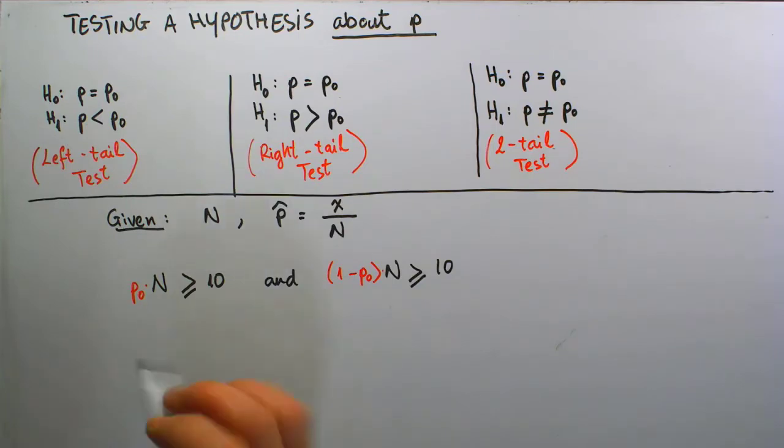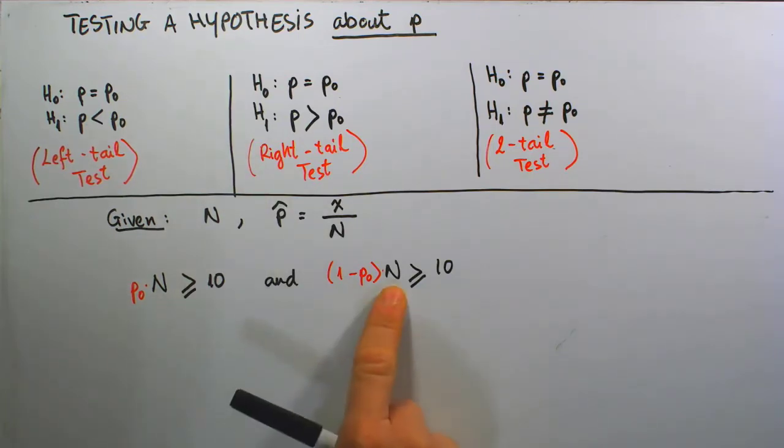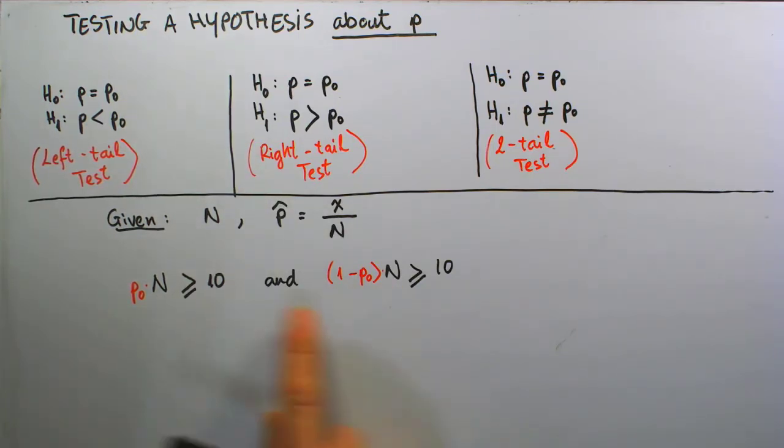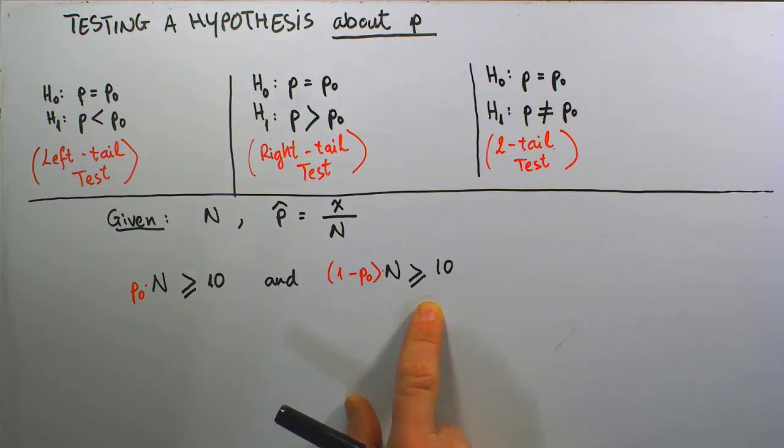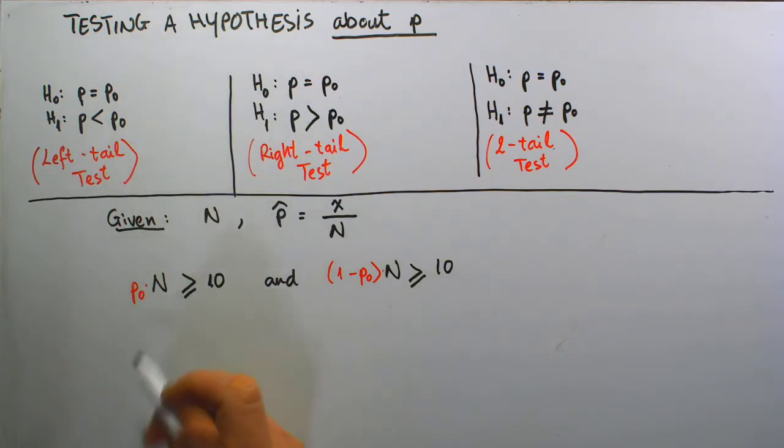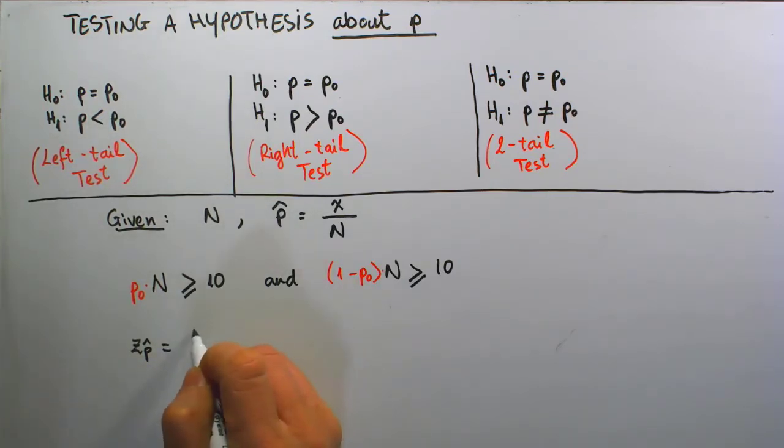And once we have our sample size pass the two requirements in order to move on with the test, then we can, as seen from the examples, start calculating the z-score of our sample proportion by doing the following setup right here.